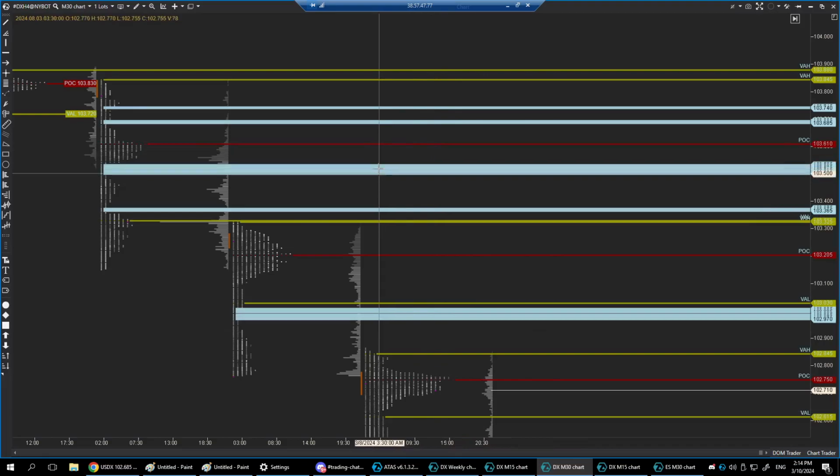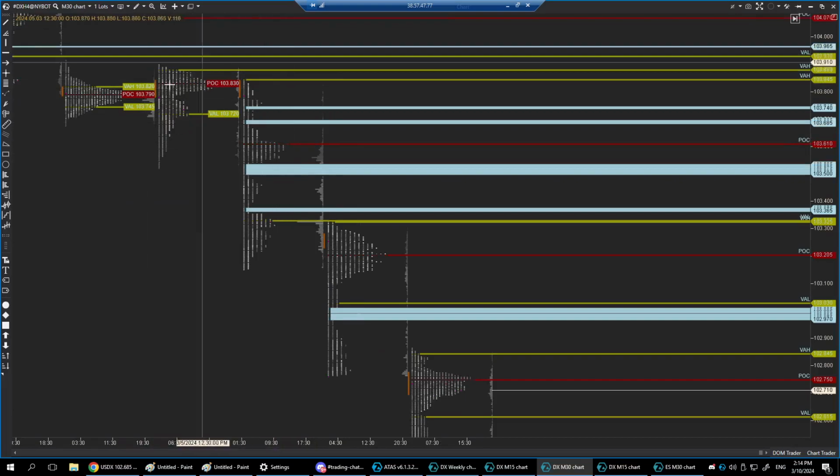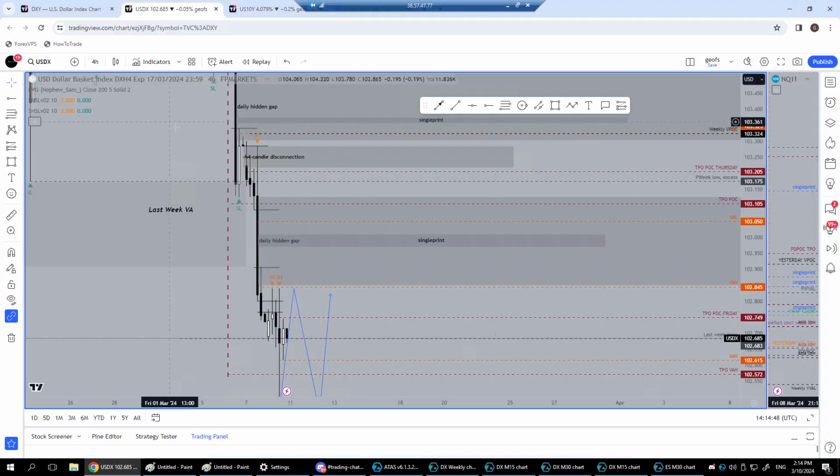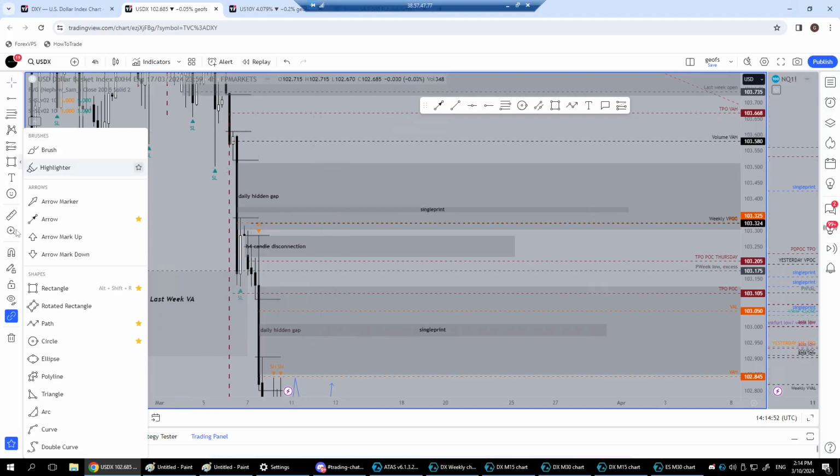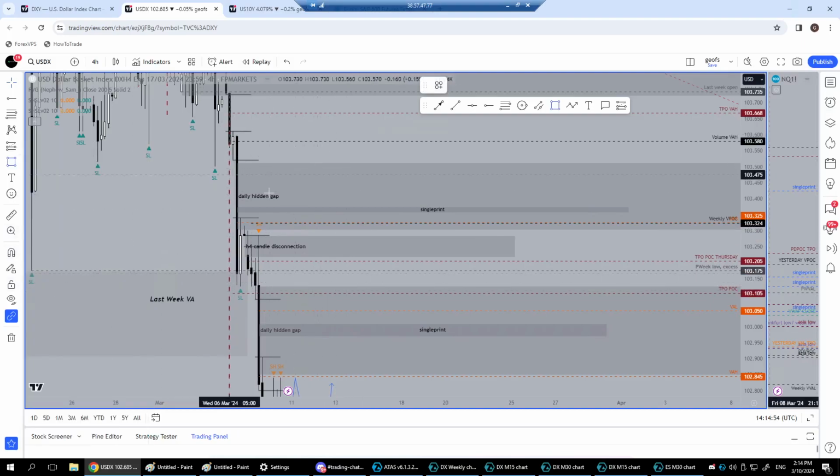We'll check this large single print and then the points of control here, and then we'll move on to the volumes and then move on to other assets, and then probably take a break, 103,500. It's kind of like just drawing a treasure map.